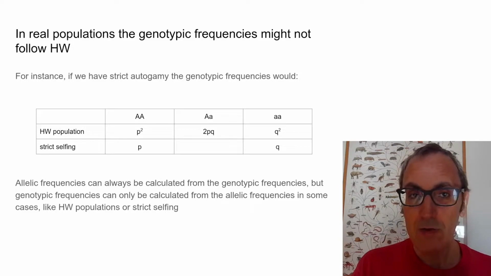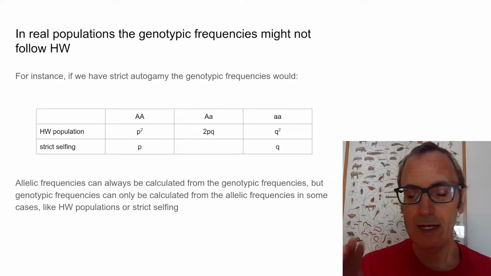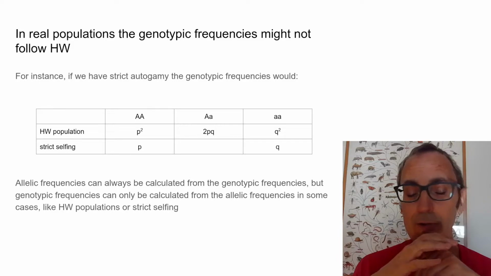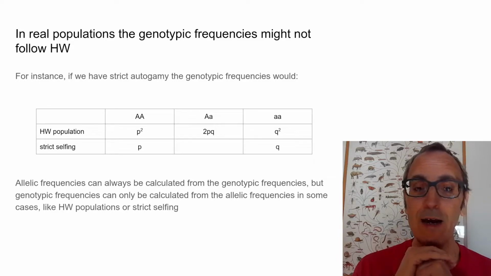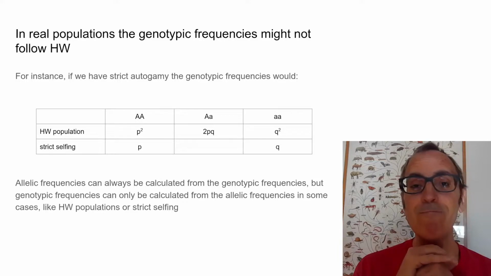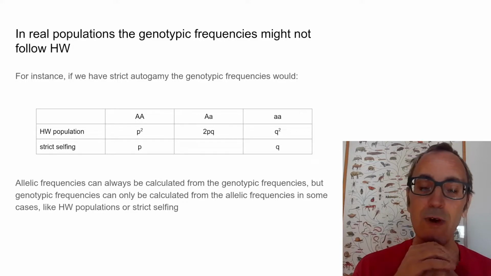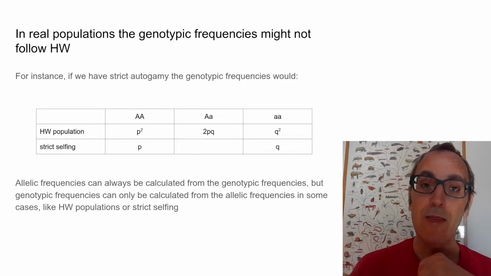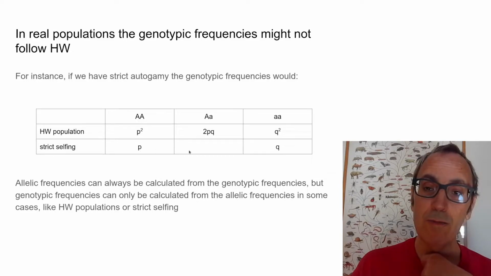Real populations do not need to follow these ideal frequencies. It is true that in animals, usually the real genotypic frequencies are quite close to the ideal Hardy-Weinberg frequencies. But that is not the general case. For instance, if you have a population in which your individuals reproduce by strict selfing, then the genotypic frequencies will be p and q for the homozygous individuals and 0 for the heterozygous.